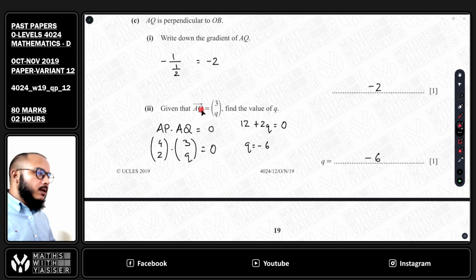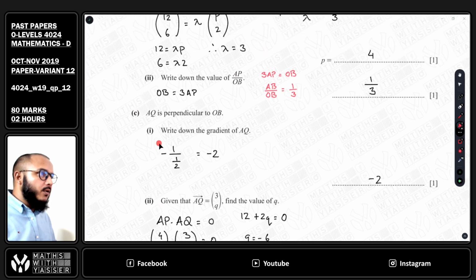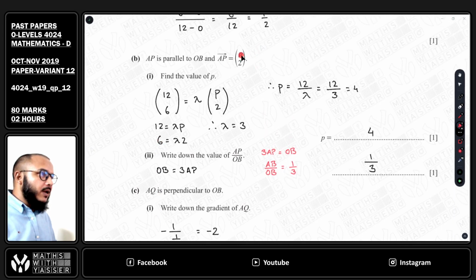When two vectors are perpendicular to each other, their dot product will be 0. AP is given by (4, 2). And we know the value for AP is (4, 2) because we have already found the value of P over here, which was 4.